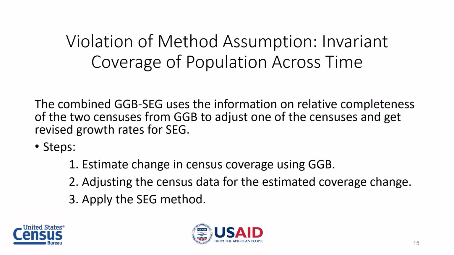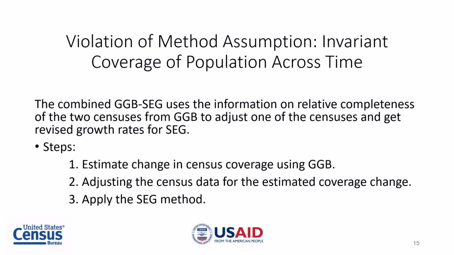The combined generalized growth balance and synthetic extinct generations method uses the information on relative completeness of the two censuses from the generalized growth balance method to adjust one of the censuses and get revised growth rates for the synthetic extinct generations method.